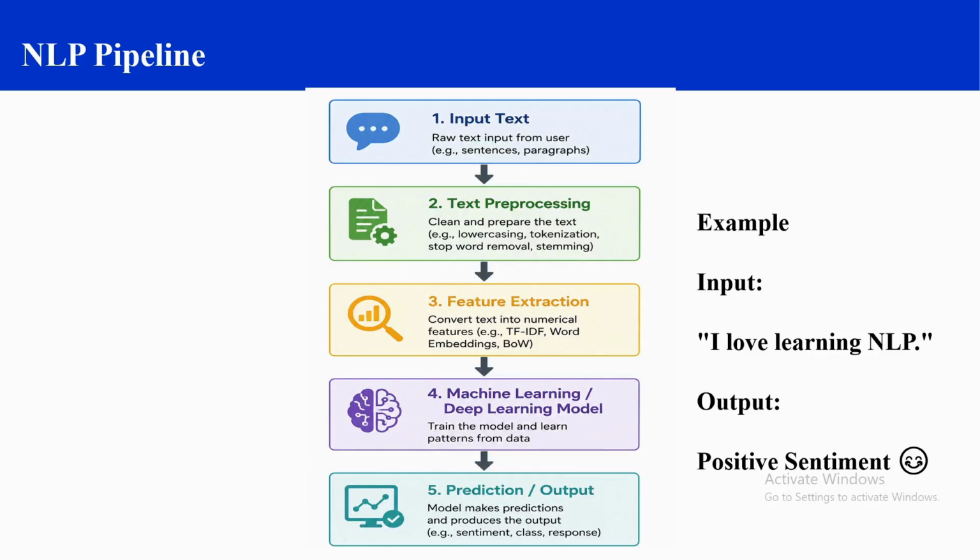Whenever we interact with applications like ChatGPT, Google Translate, or the Gmail spam filter, a similar NLP pipeline works behind the scenes. Here I have given one example. The input is I love learning NLP. NLP will analyze the sentence and it will give the output that it is a positive sentiment.